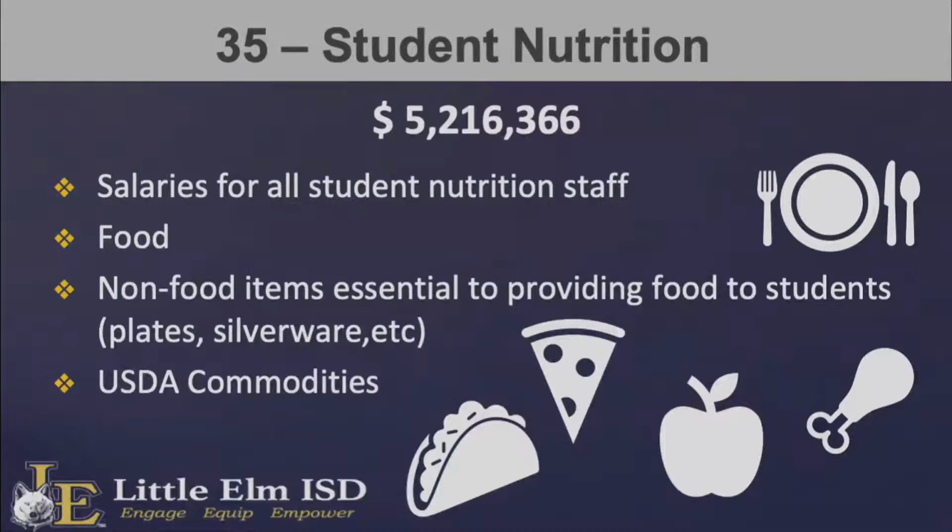It includes all of the labor for our cafeteria staff, as well as the food or non-food, anything related to running our cafeterias, and USDA commodities that are granted to us. We recognize both the revenue and the expenditure for that as well.